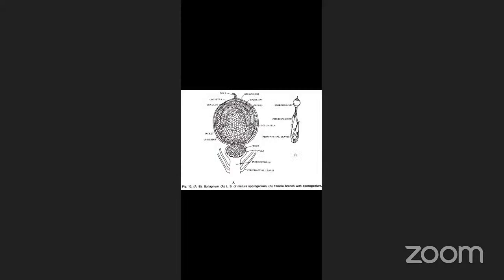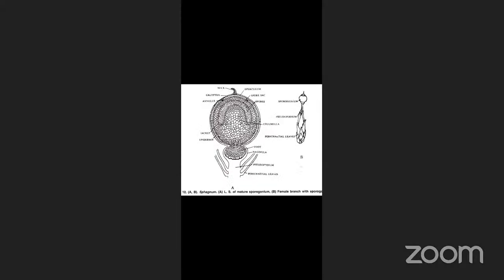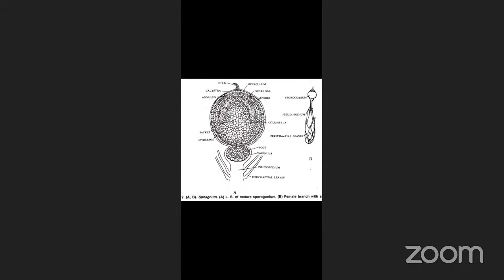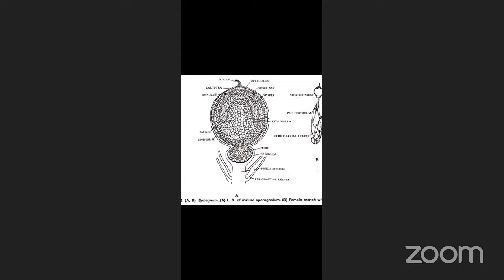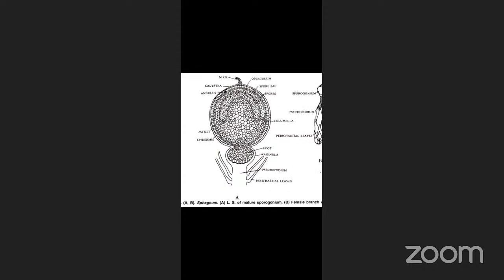Are you able to see this diagram? Yes, sir. So first, let me complete the foot structure. The foot is a bulbous-like structure. This portion is the foot. It is a bulbous section made up of parenchyma cells.